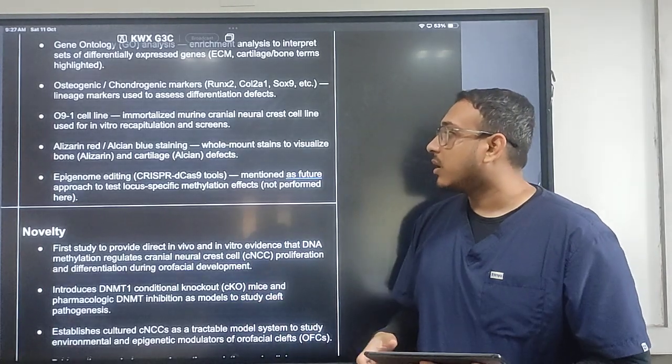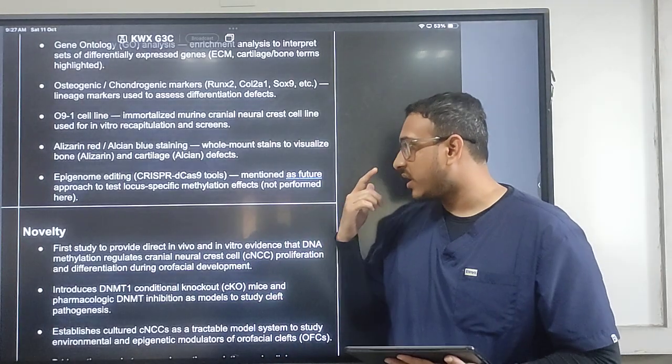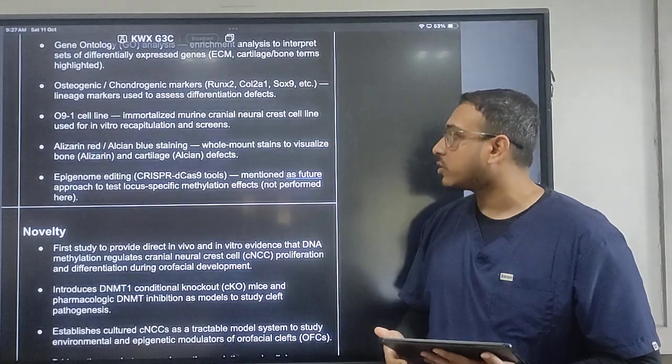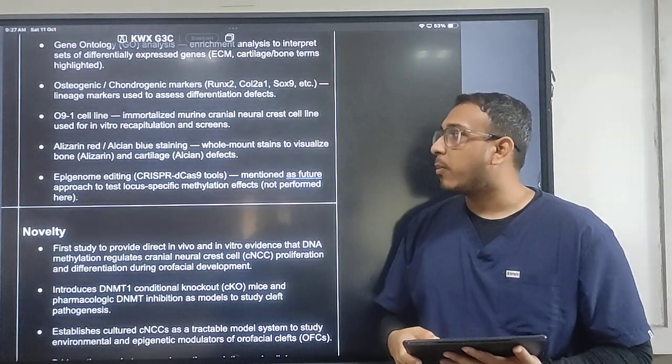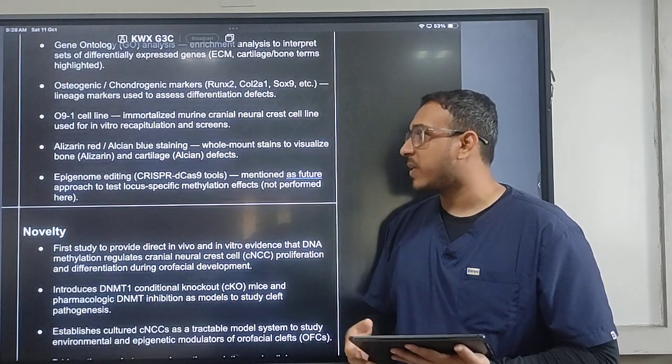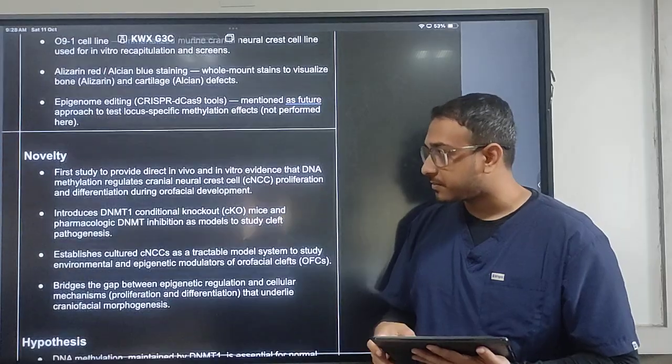Epigenomic editing: they mentioned CRISPR tools as a future approach to test the locus specific methylation effects.